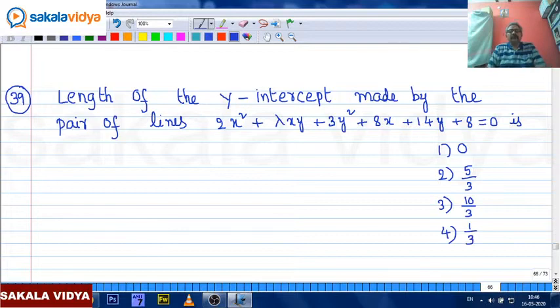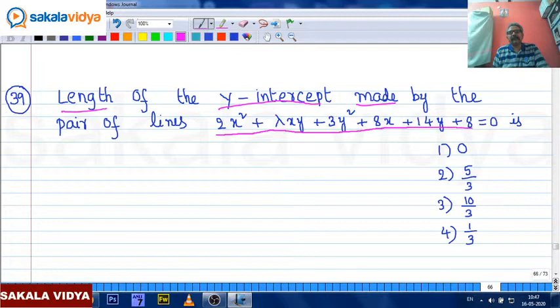Length of the y-intercept made by the pair of lines 2x square plus lambda xy plus 3y square plus 8x plus 14y plus 8 is equal to 0 is.